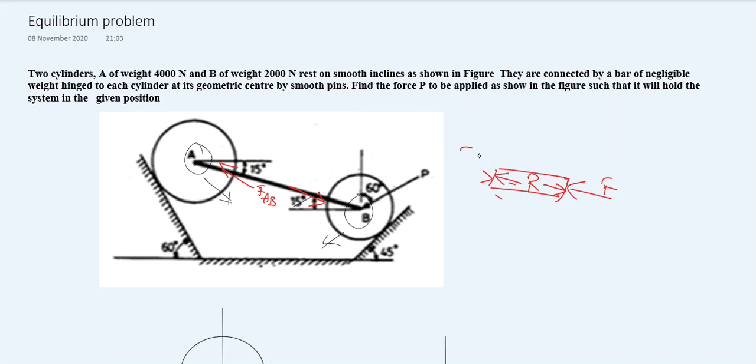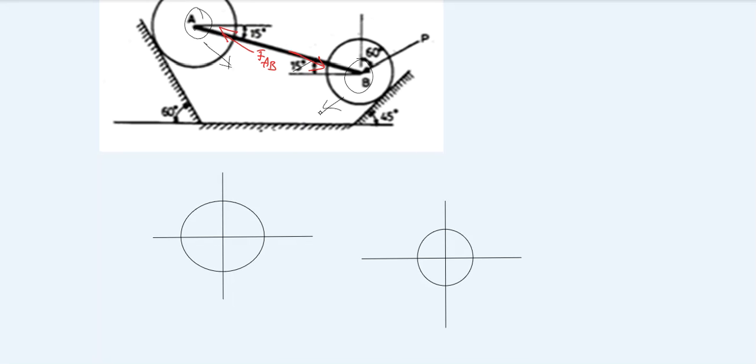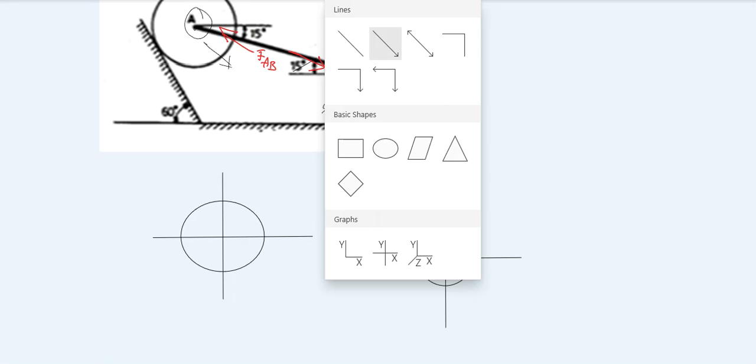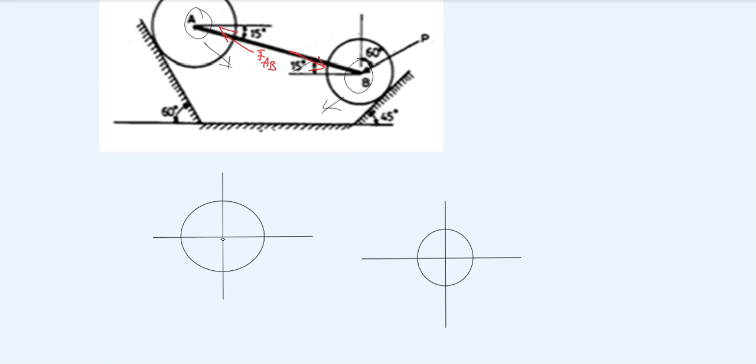Let us find. Before explaining anything, we must draw the free body diagram for the given problem. We have two rollers with weight vertically downwards. This weight is 4000 newtons. Similarly, here also weight acts vertically downwards, that is 2000 newtons.